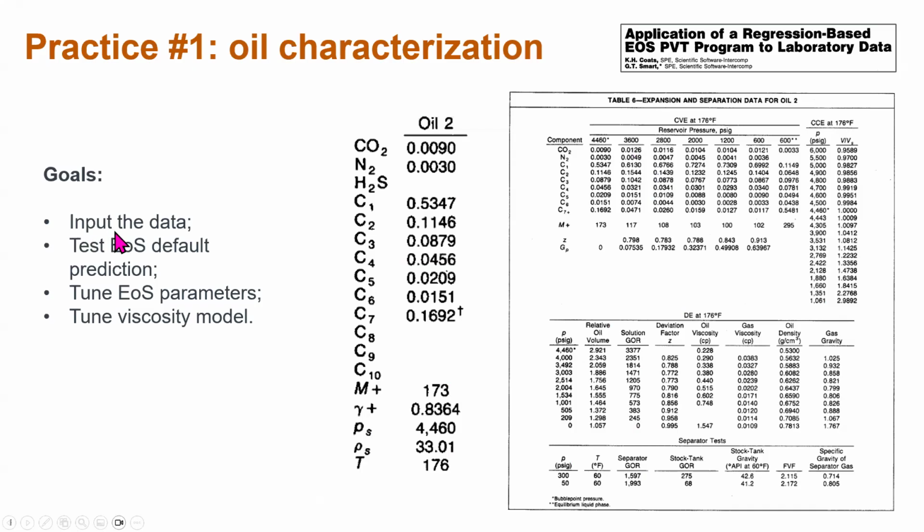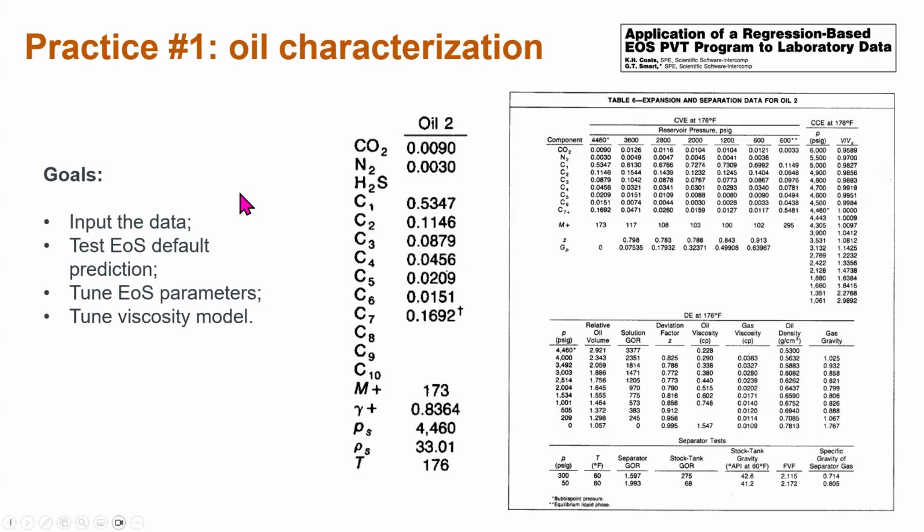Our goal is to input this data to test the default prediction of the EOS, and maybe tomorrow you can tune the equation of state. So for today, our goal is just to input the data, run the first case, and see how accurate the EOS is.